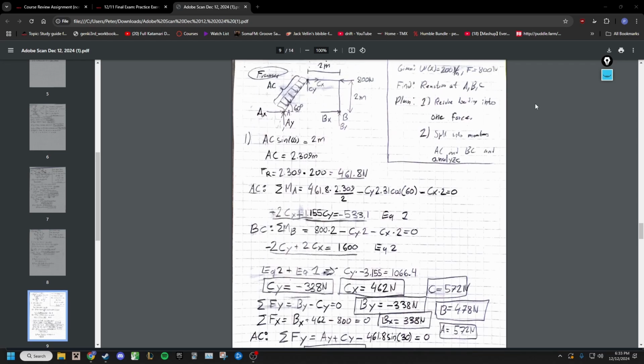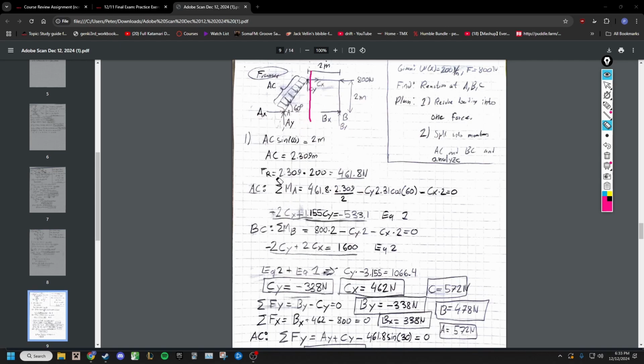From there, we analyze just member AC. So we just look at this half, and we'll do our equations of equilibrium. What we're doing is setting up a system of equations for C of y, because that is the common unknown between section BC and section AC.